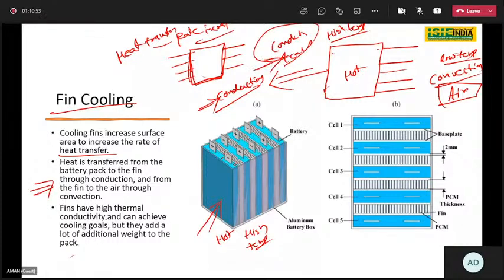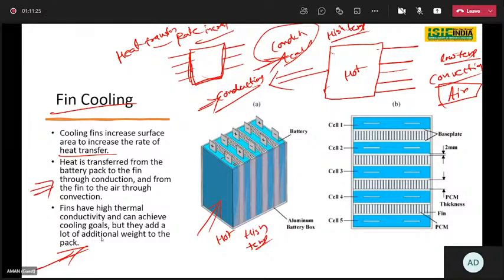Fins have high thermal conductivity and can achieve cooling goals, but they add a lot of additional weight to the pack. This is a more efficient process because the temperature difference is there, and the heat distribution rate is increased due to these fins, and the air comes into the picture, so the high temperature will be added to the surroundings.